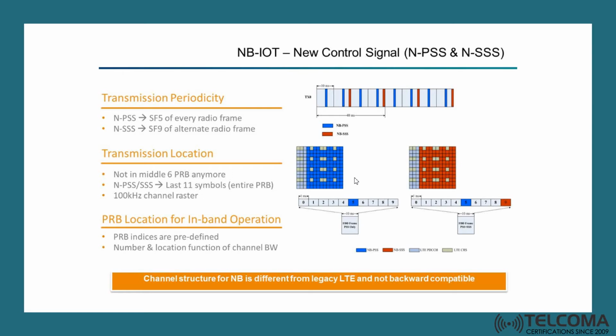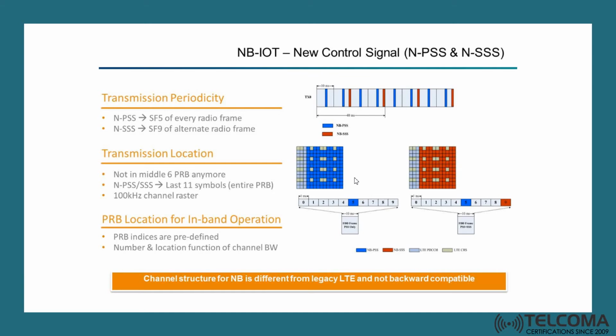Transmission locations: since NPSS is transmitted in subframe 5 on every radio frame, and NSSS is transmitted at SF9 on every alternate radio frame, we cannot transmit in the middle 6 PRBs anymore, because there is a presence of PBCH in those locations, as well as we can even expect the PSS and SSS sometimes in that location of LTE.